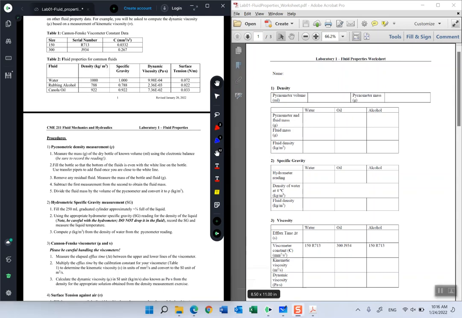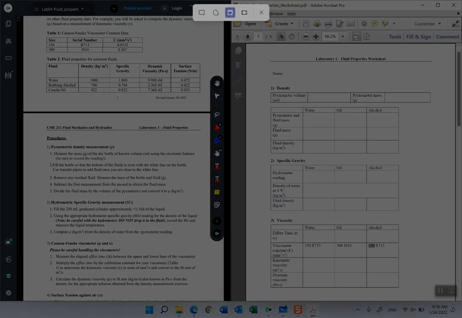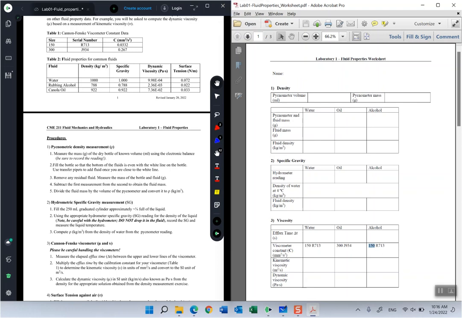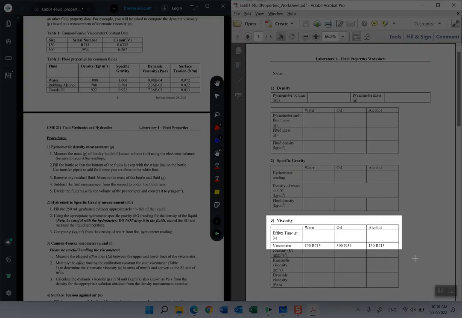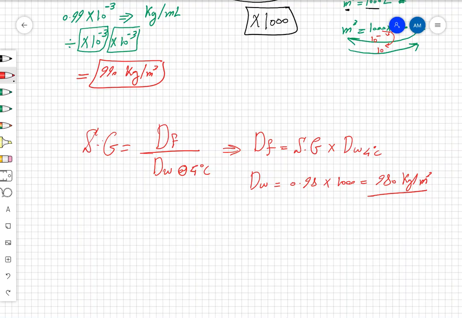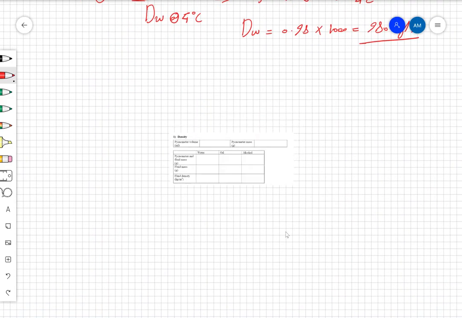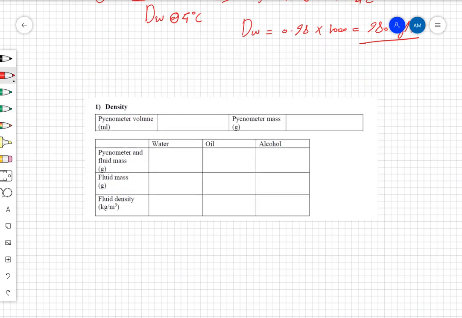So now we got the efflux time for water.